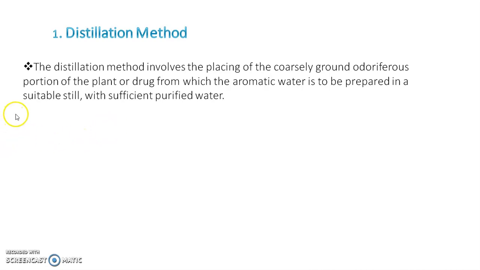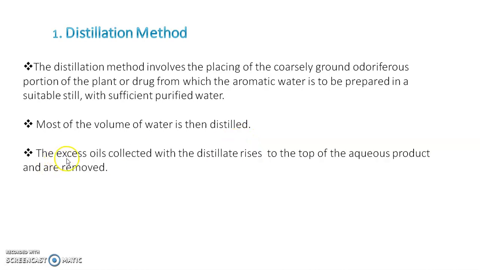In this distillation method, we place the coarsely ground portion of the plant or the drug into a suitable container, and we put a little water. Most of the water is then distilled, and the excess oil collected with the distillate rises to the top of the aqueous product and is removed.